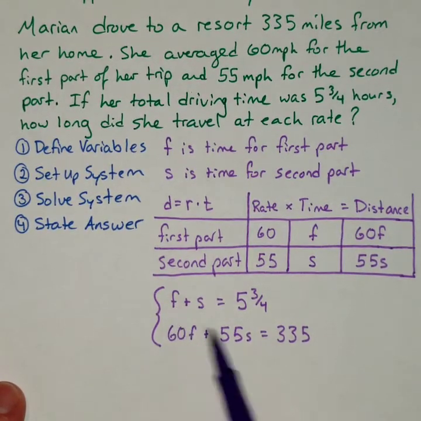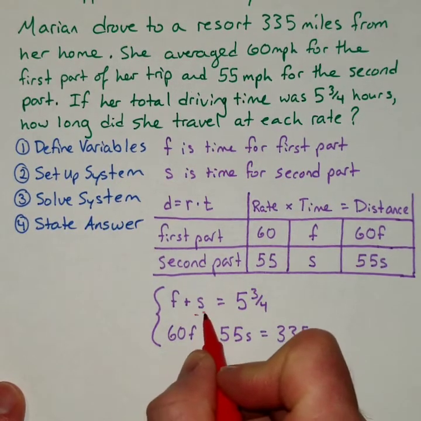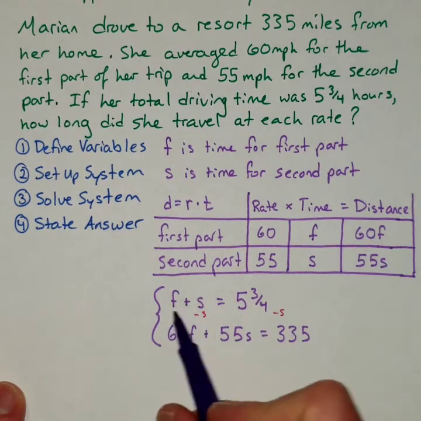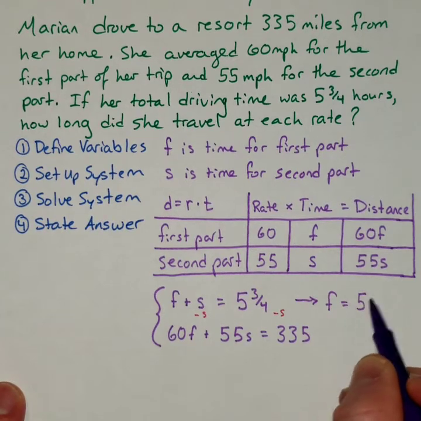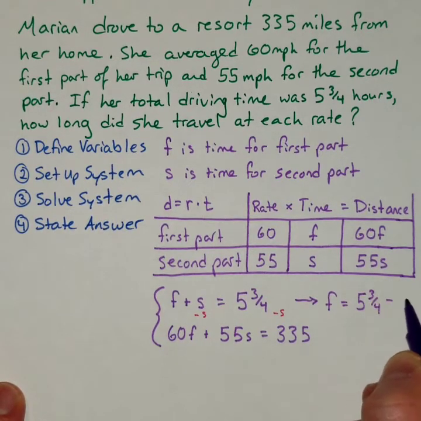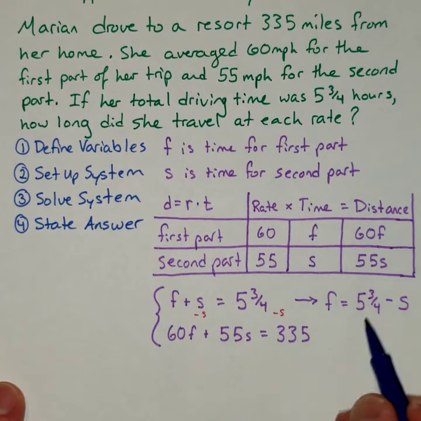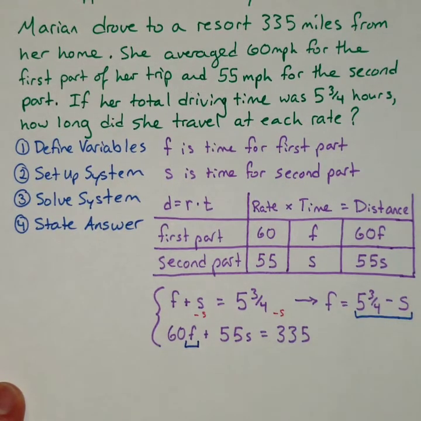I'm going to solve for f. To do that, I'm going to subtract an s from both sides of this equation. And remember that the fraction there and the s are unlike terms, so I cannot combine them. So I'm going to get f equals 5 3/4 minus s. And then I'm going to take that new expression and plug it in for the f in the other equation.